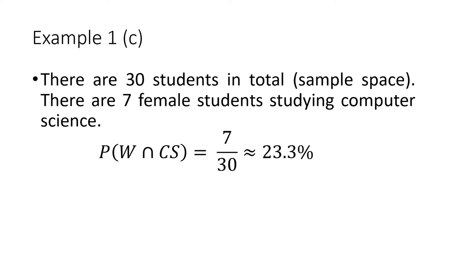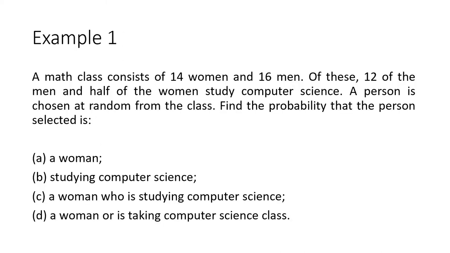We still have 30 students, and the result is approximately equal to 23.3. So the probability that a randomly picked student is a female student and also studies computer science is equal to 23.3%.